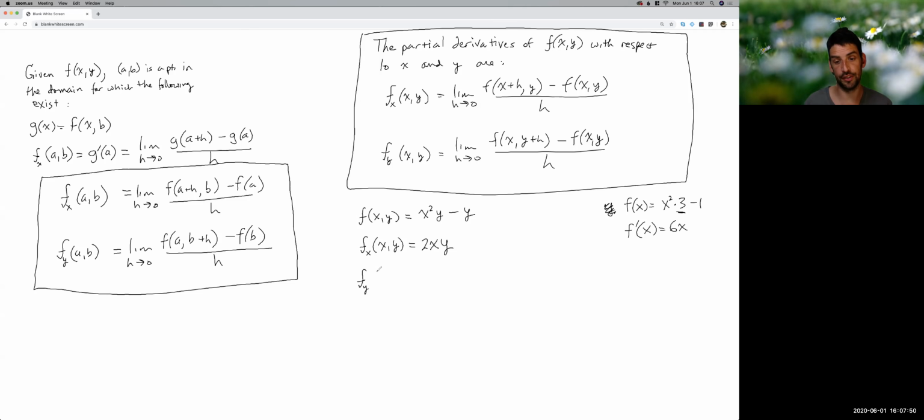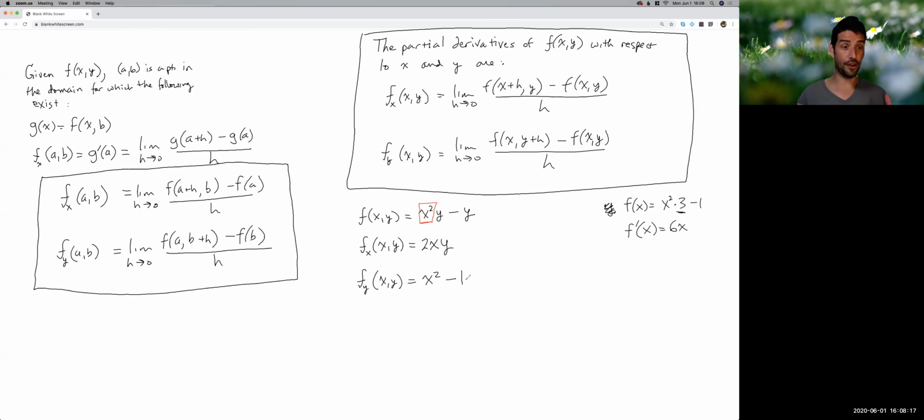Our partial derivative with respect to y, I've got y, again, I'm thinking of x squared as a constant now, because now I'm thinking about the y derivative. If you have a constant times y and you take the derivative, you get the constant, and then the minus y has a derivative of minus 1.